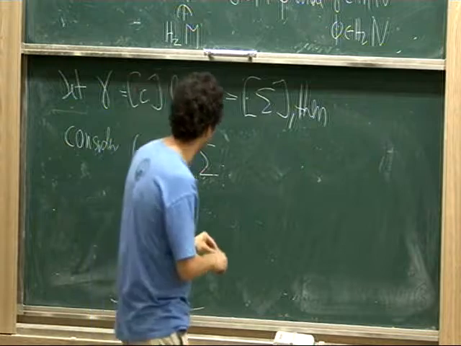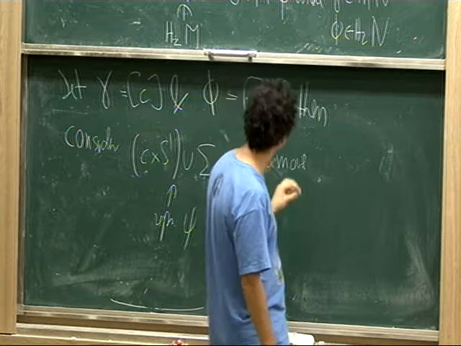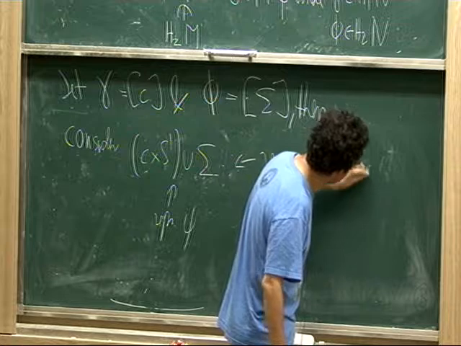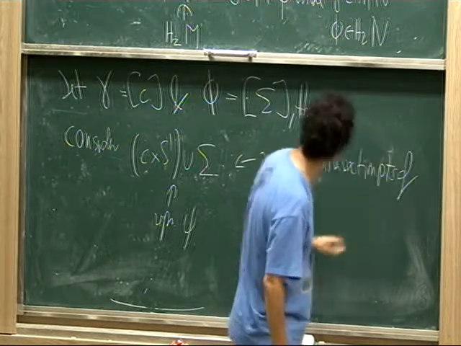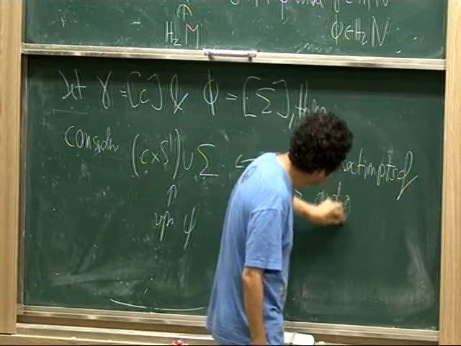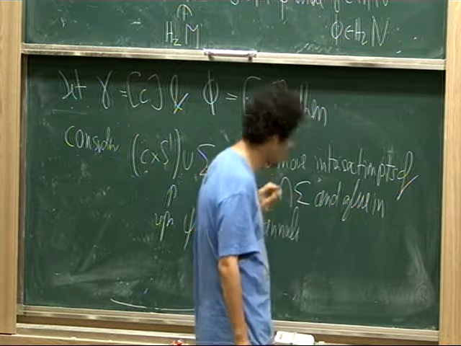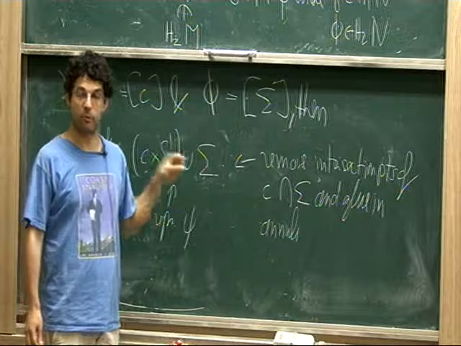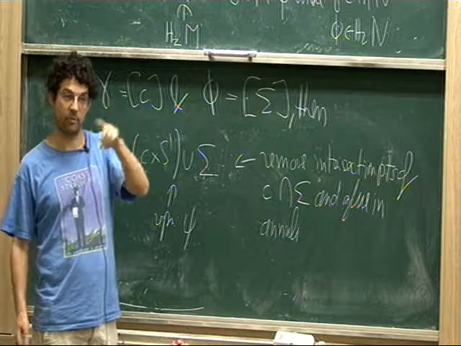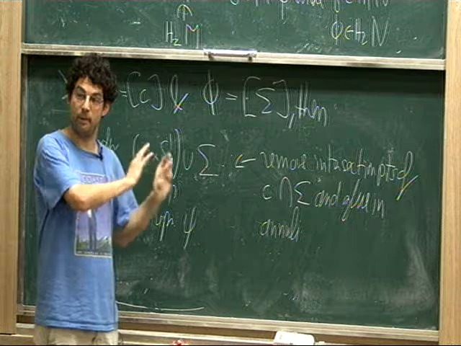So remove intersection points of C and sigma and glue in annuli. It requires a bit of thought why this makes sense, but for each intersection point you take out two disks on the two sheets and you glue in an annulus, and what you found is an embedded surface.